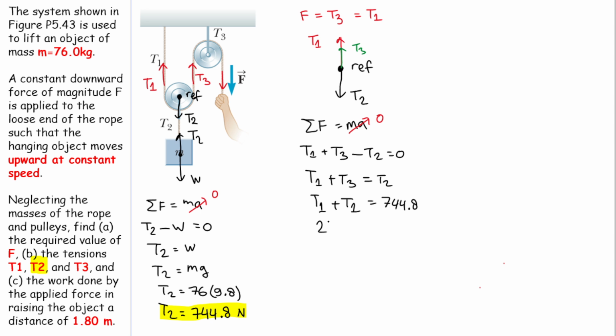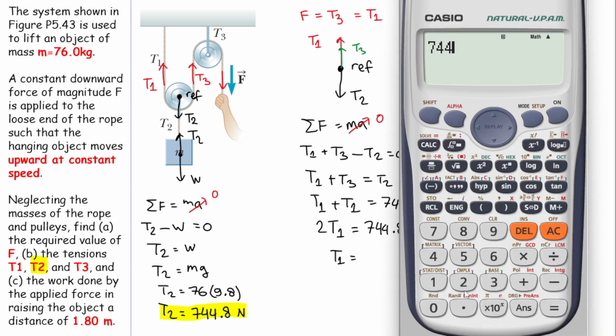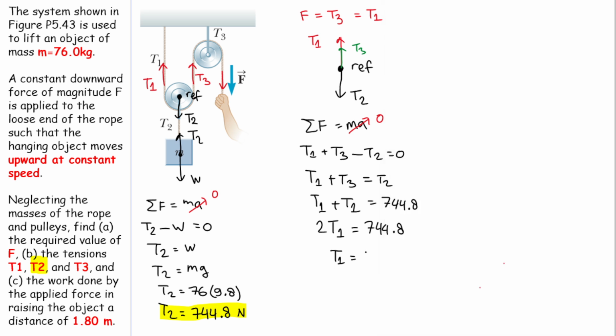So 2T1 is equal to 744.8, or T1 is, dividing both sides by 2, 744.8 divided by 2, which is 372.4. The unit here will be Newtons, and that is T1. And that is also one of the variables asked by the question.